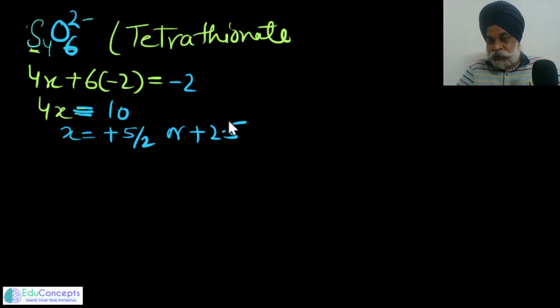There are 4 sulfur atoms, and the average oxidation state for them comes out to be plus 5 by 2.